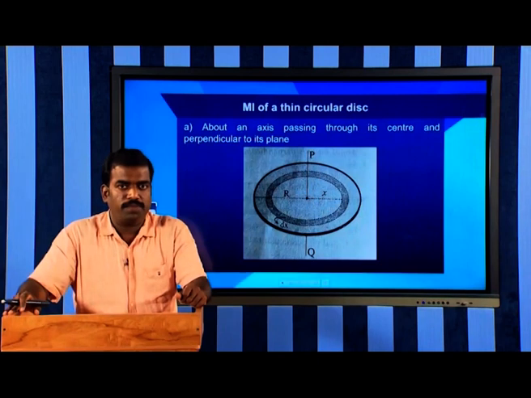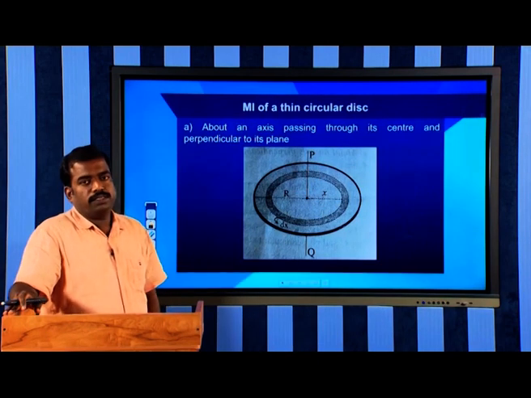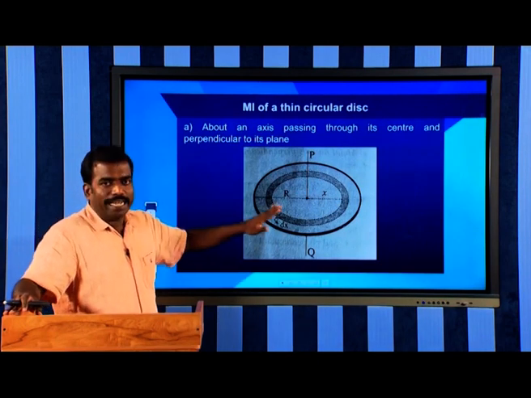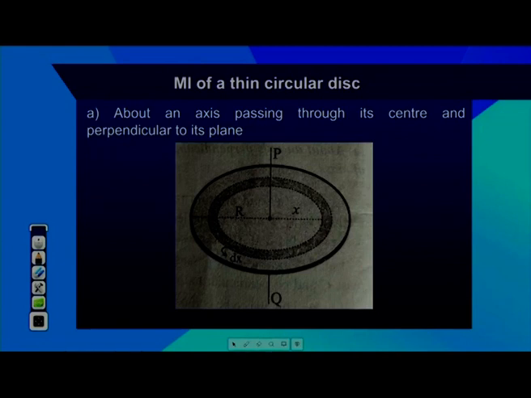So, next we will find out the moment of inertia of a circular disc. So, you can understand the difference between ring and disc. In the case of the disc, the mass is uniformly distributed over the surface.